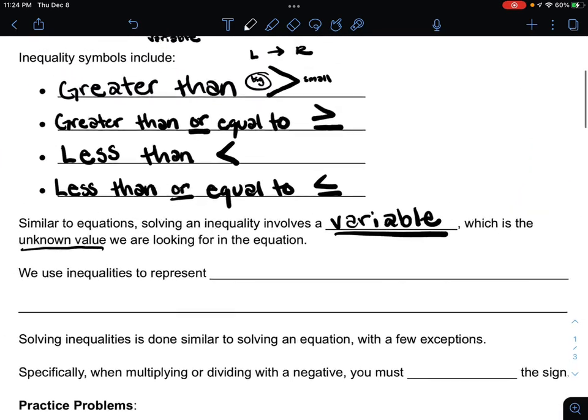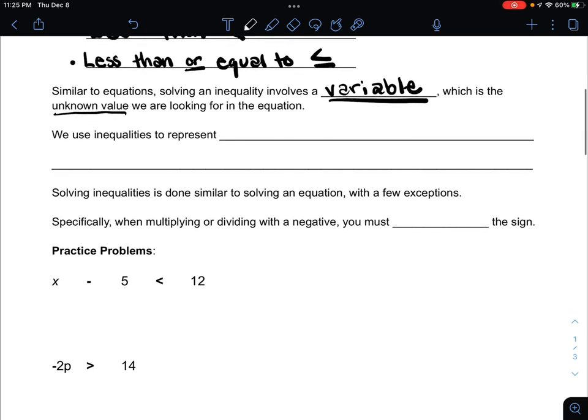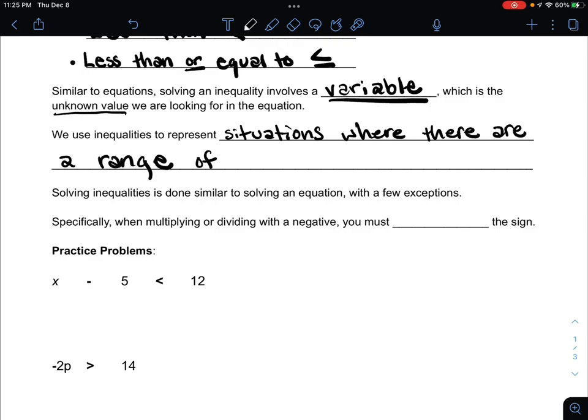So, similar to equations, solving an inequality involves a variable. Now, the other thing that makes the variable in inequalities different is that we use inequalities to represent situations where there are a range of, and I'm going to put this in quotes, "correct" answers.